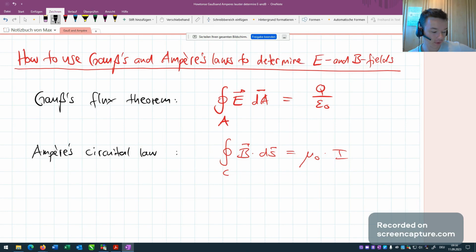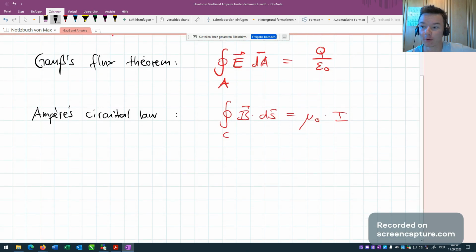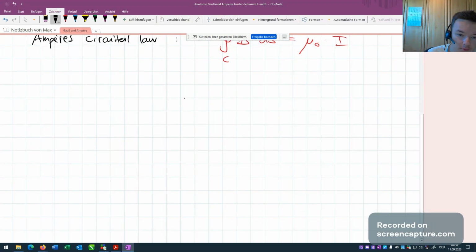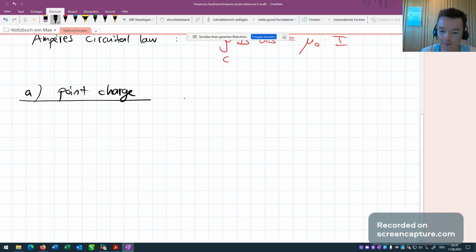So let's maybe try and use Gauss's theorem to calculate, first of all, a very easy thing, namely the electric field of a point charge. So example A for Gauss's theorem is a point charge. Okay, so let's imagine we have some kind of point charge in the middle, like Q. And now our goal is to evaluate the electric field around the point charge.